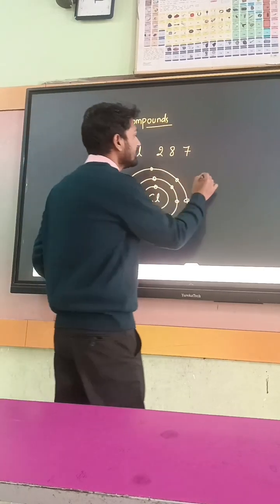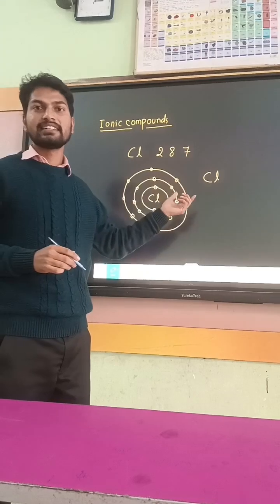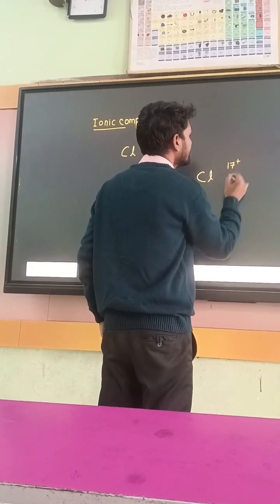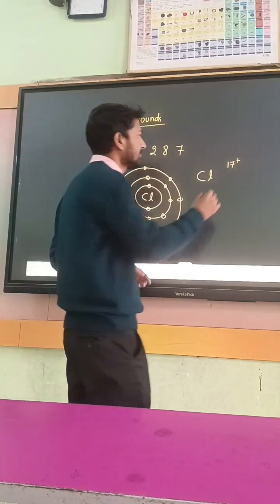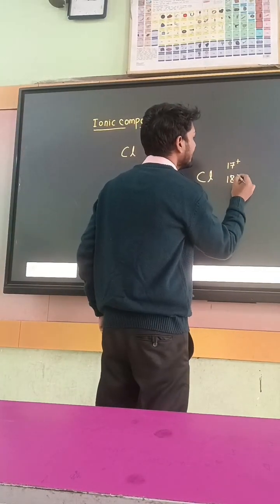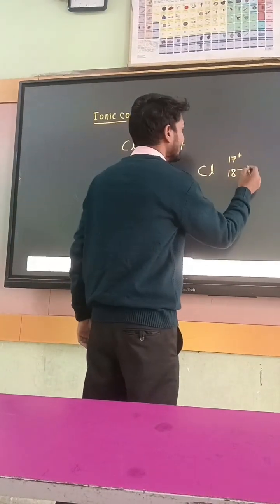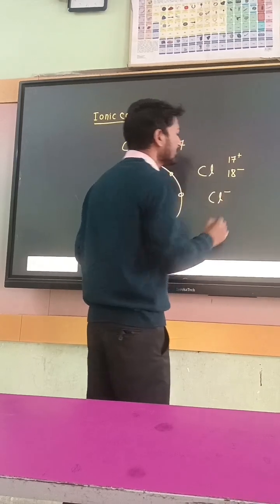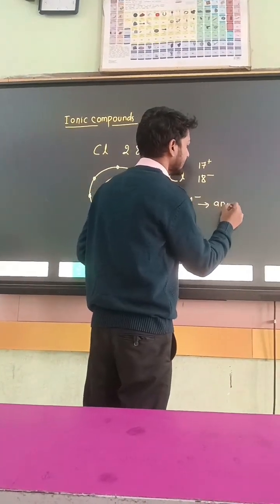That's why chlorine gains an electron, and its nucleus has 17 protons in it, and in its outermost shell the number of electrons is increased. That's why it has 18 electrons in it. That will make chlorine a negative ion, and this negative chlorine ion is called an anion.